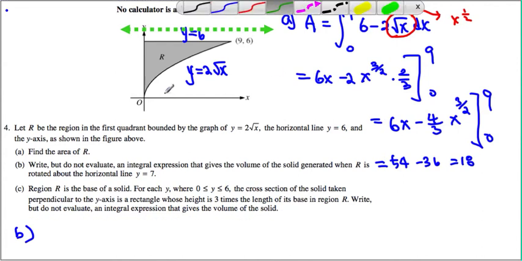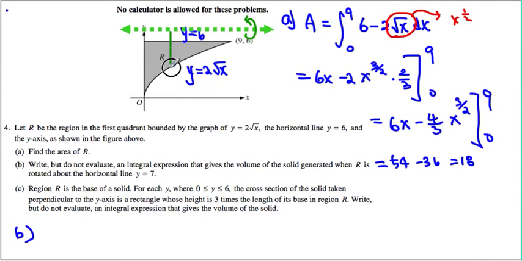So when this thing is revolved around this way, what is the outer shell or outer solid? This will be the radius that is formed by the outer solid, which means from 7 to all the way here. So in this case, the radius will be 7 minus 2 radical x. How about the inner solid will be right over here. 7 minus 6.